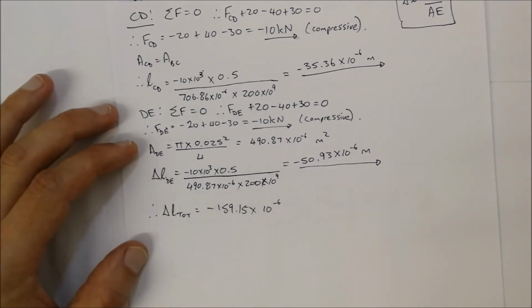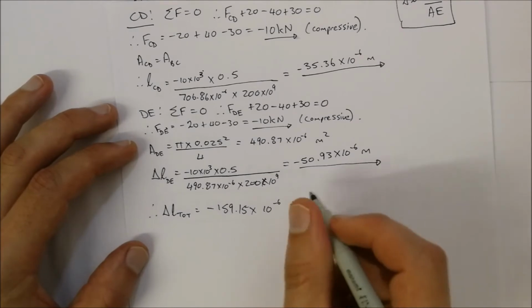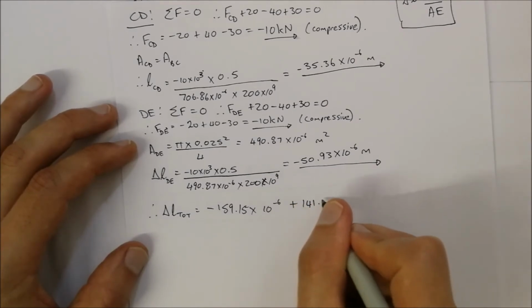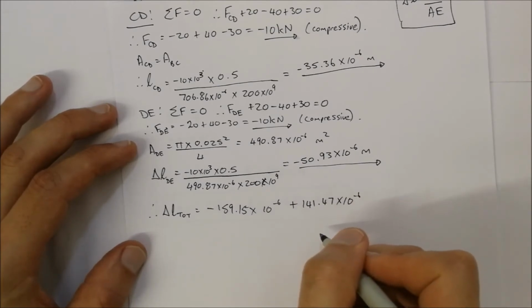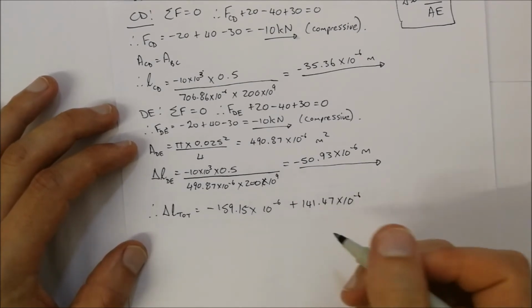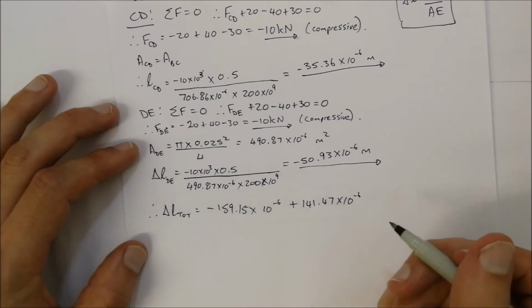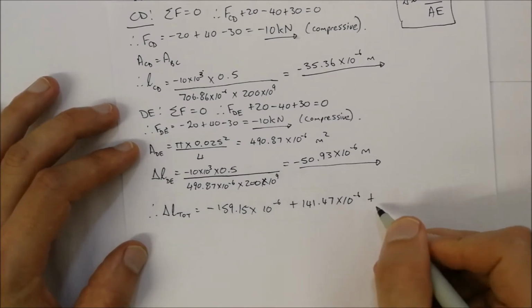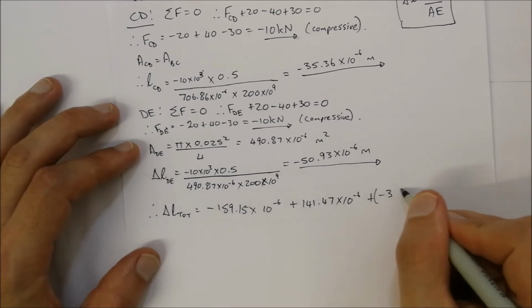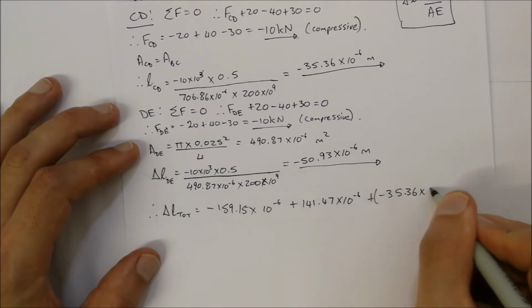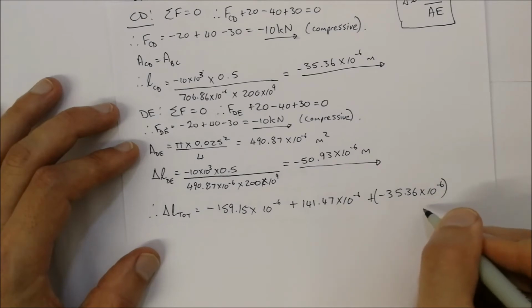The delta L of BC was 145.47 times 10 to the minus 6. The change in length of CD was minus 35.36 times 10 to the minus 6.